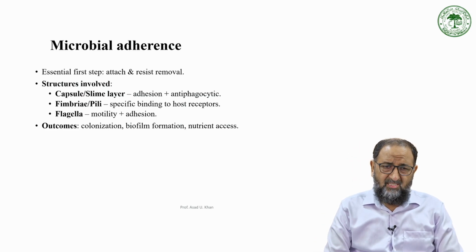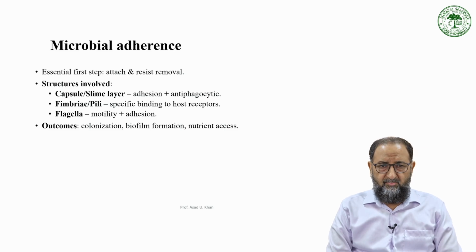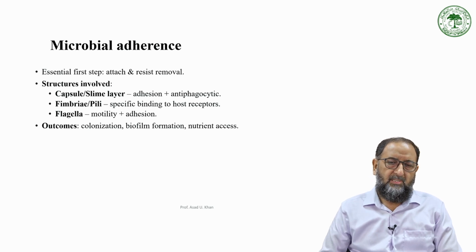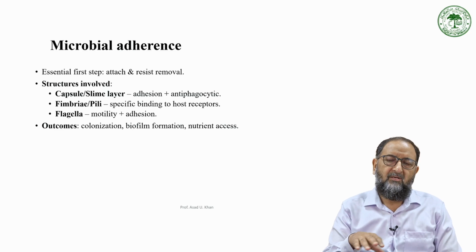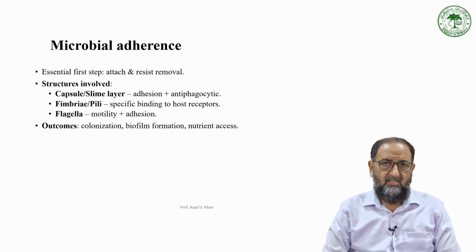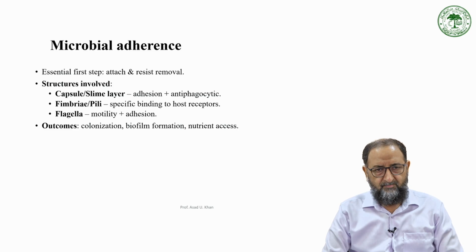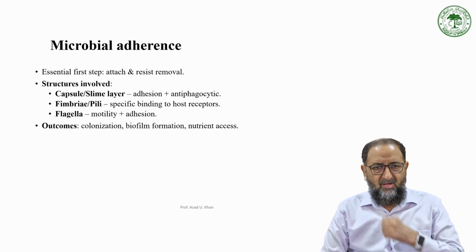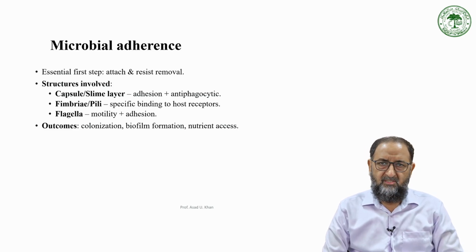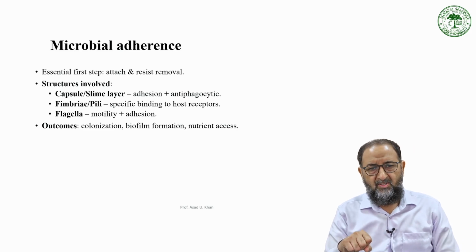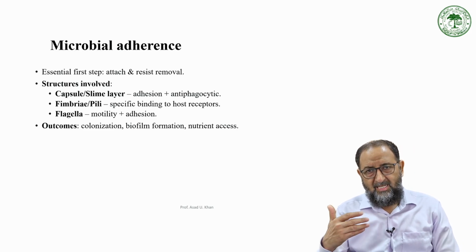Fimbriae and pili are other virulence factors present in the bacteria, for example for specific binding to the host cells. They can also sometimes increase motility in many cases, which can help the bacteria reach the site of infection. Flagella help in swimming motility of the bacteria as well as attachment on the surface.